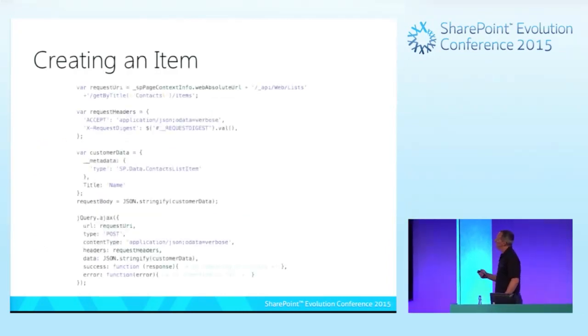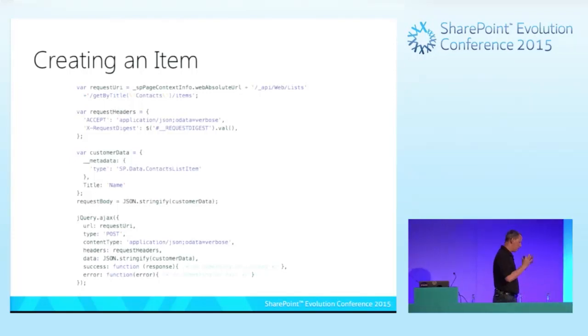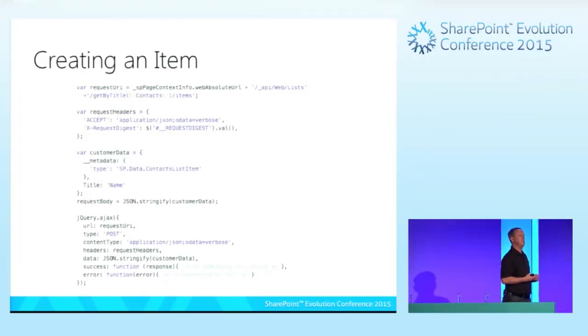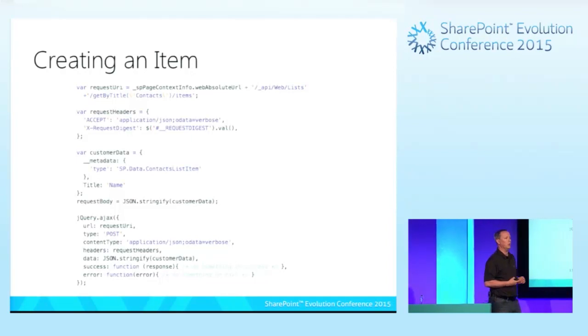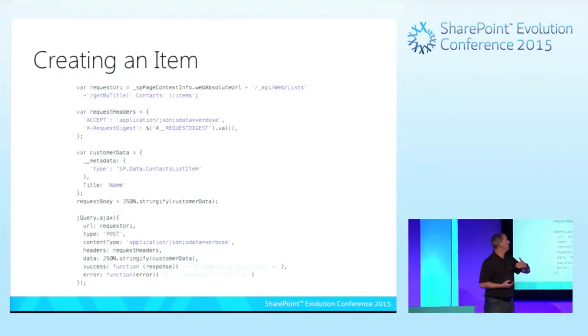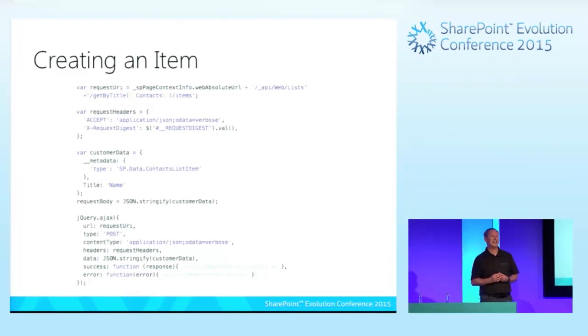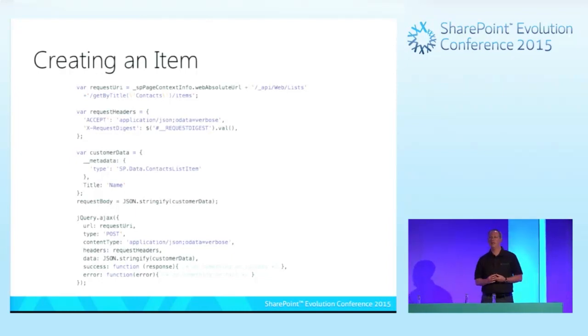Next thing, creating an item. How do we do this? A little more work. The way REST works is that the description of the request that you're going to submit is telling the server what you're doing. So I'm going to the collection of contacts that I have. At the very top, you see I'm looking at the contacts list, and I'm going to its items collection.